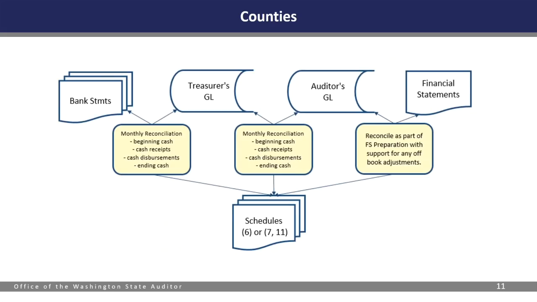Now, counties, we know that you have an extra layer here to your reconciliations. And for that matter, cities aren't really immune to this either. Many times the local government will have multiple general ledger systems, or they'll have multiple software systems. We generally expect that the local government will know how each of these systems reconciles both to the bank statements and to each other.